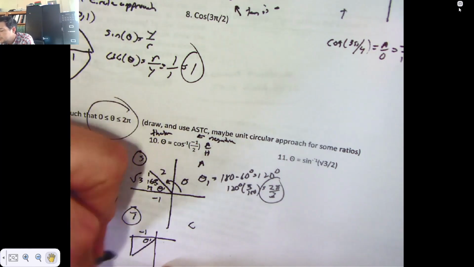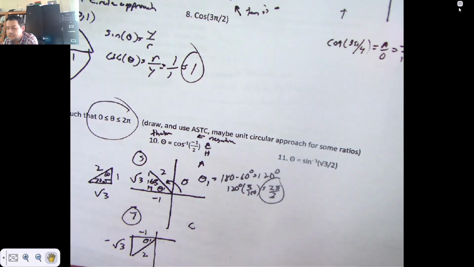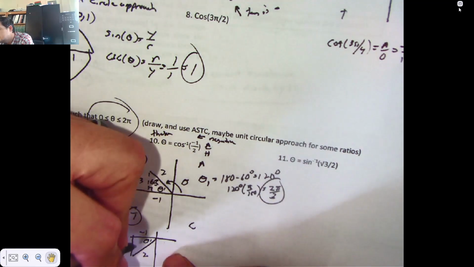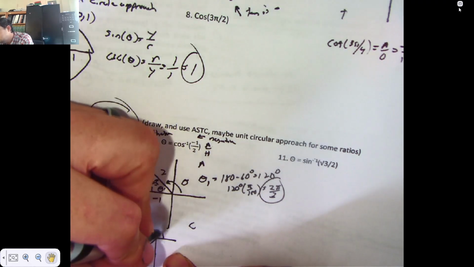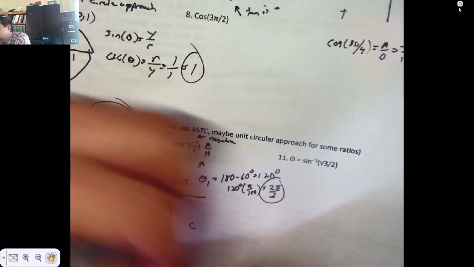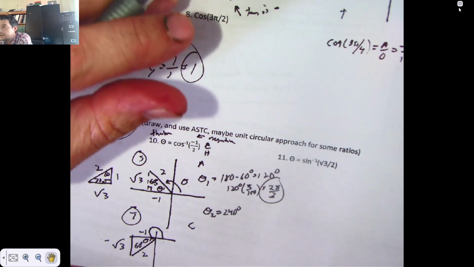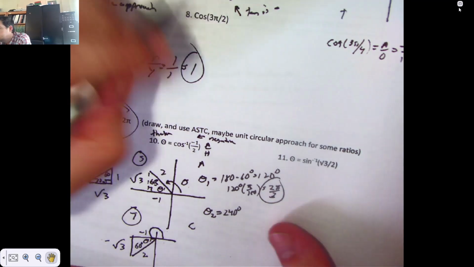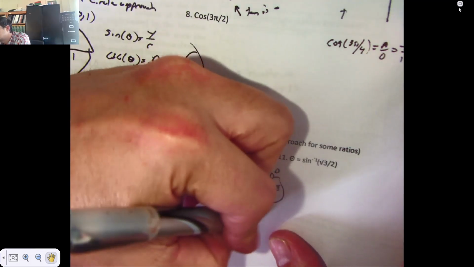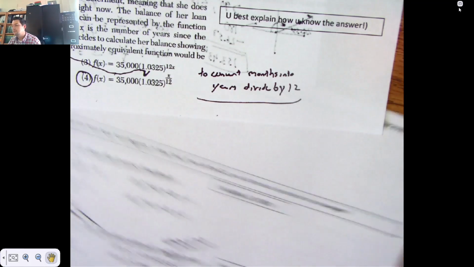Adjacent is a -1, hypotenuse is 2, and what's missing here is actually a negative root 3 because you're falling, but that doesn't change anything. It still holds that a root of 3 is directly opposite of an angle that measures 60 degrees. And then you think about the actual rotation. The actual rotation was 180 plus 60. So the second theta is 240 degrees, which as a pi rad is 4 pi over 3. There is number 10 in all of 10's glory.